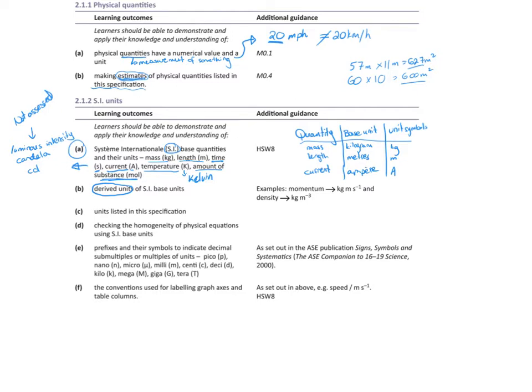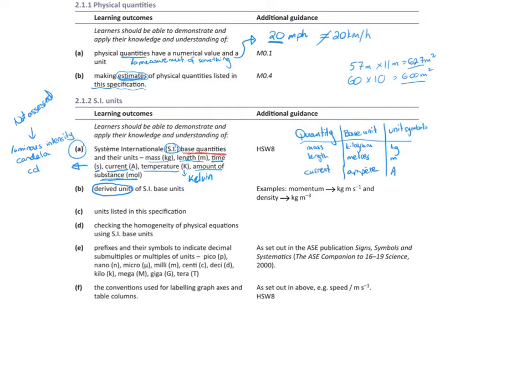A derived quantity is a quantity that we can measure, like speed, force, pressure, energy, and so on, that have different units, but all those units are derived from base units, base quantities. Some of them do have special names, like the unit for force is the newton. It has its own special name, but it can also be expressed in SI units because it's made up of base quantities, like I already said before.